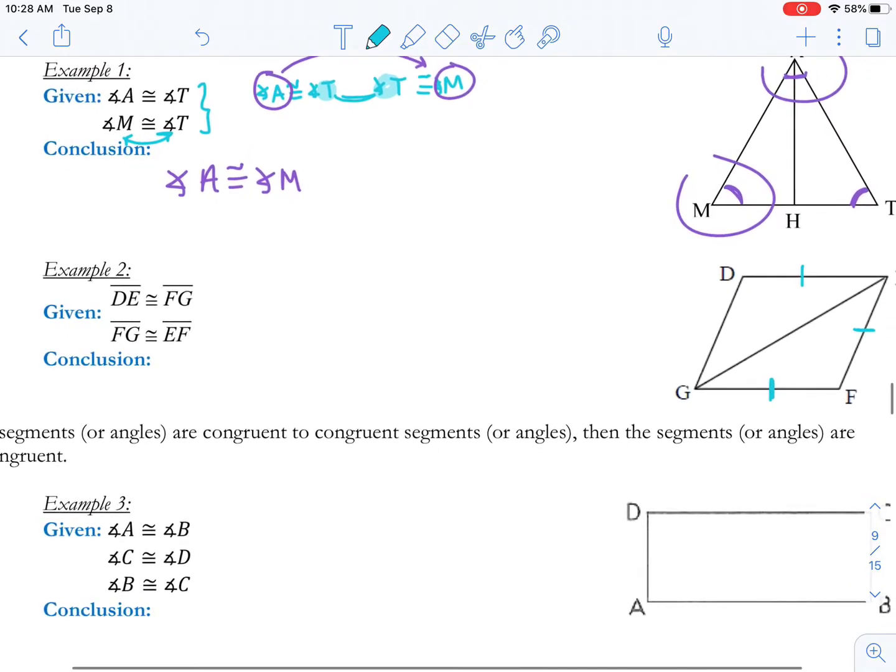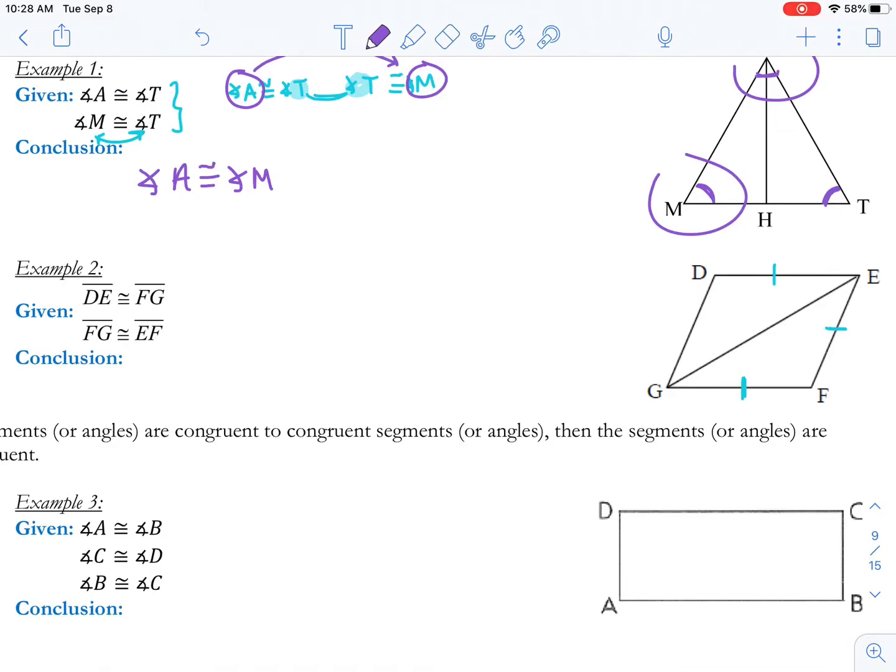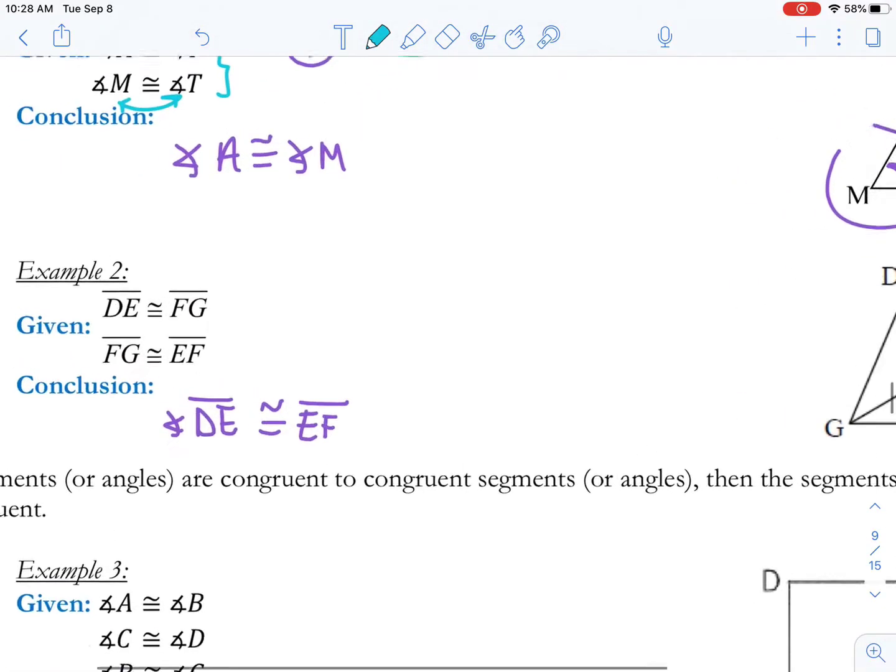And so our conclusion is writing out a new congruency. We can say that the first that we marked out, DE, is congruent to the last segment that we marked congruent, EF. So we can say segment DE is congruent to segment EF because there's this train of congruencies, the transitive property.